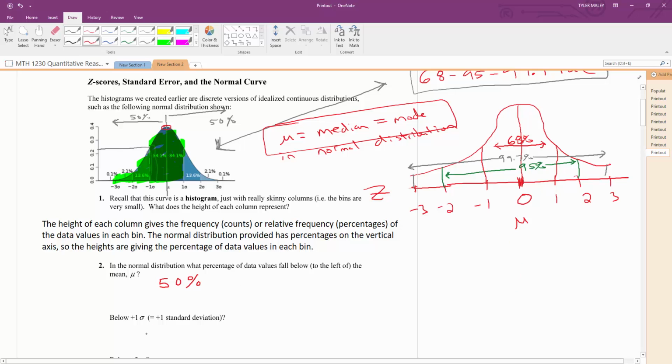An easy way, what I would do, is remember there's 100% underneath, so we could take 100% minus these parts. This part is 13.6%, then minus 2.1%, and then minus 0.1%.